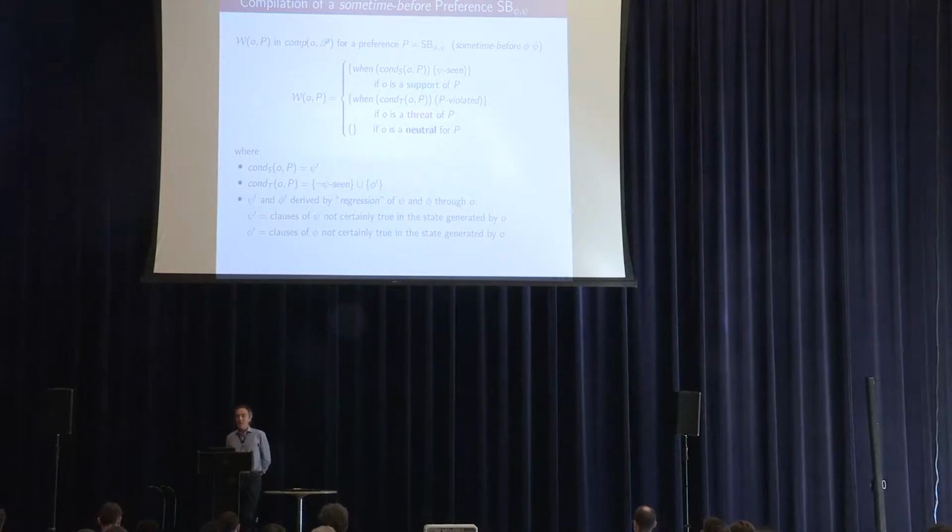Okay, so let's consider the preference sometime before phi psi and the operator O. If O is a support of P, we add the first conditional effect that has effect phi seen. If it is a threat, we add the second conditional effect that has effect P violated, and otherwise we do not modify the effects of the operator.